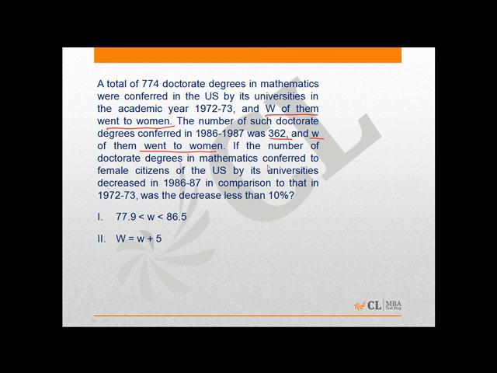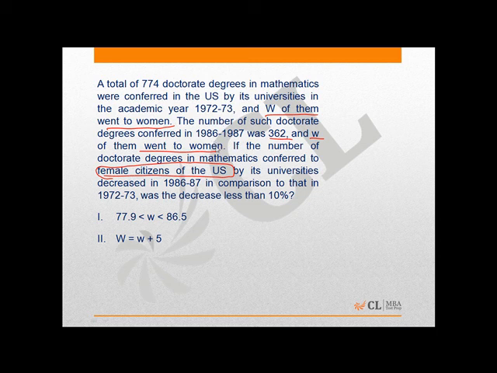Here is a key point. If the number of doctorate degrees in mathematics conferred to female citizens of the US. In the earlier data, he was talking about only W of them went to women. The small w went to women.